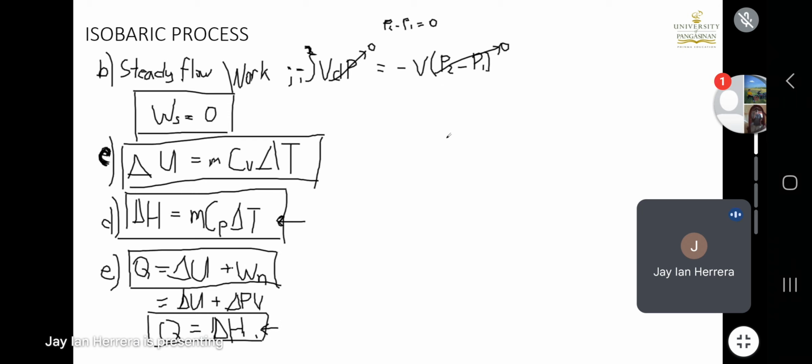Let's move on to the last, our change in entropy. For change in entropy, it's the same: mCV or mCP, since this is constant pressure, log of P2 over P1.